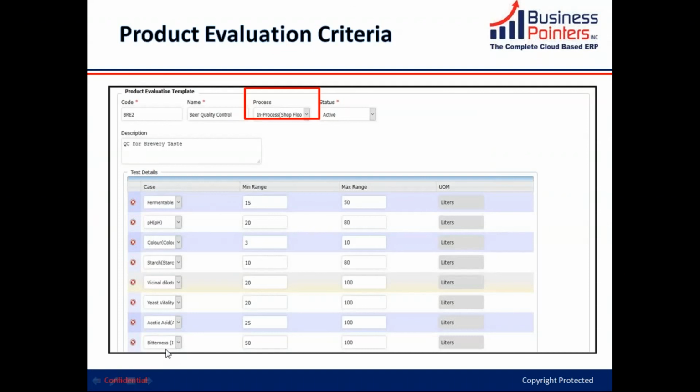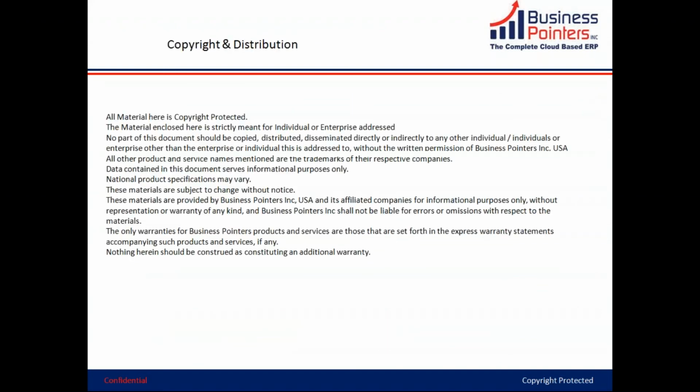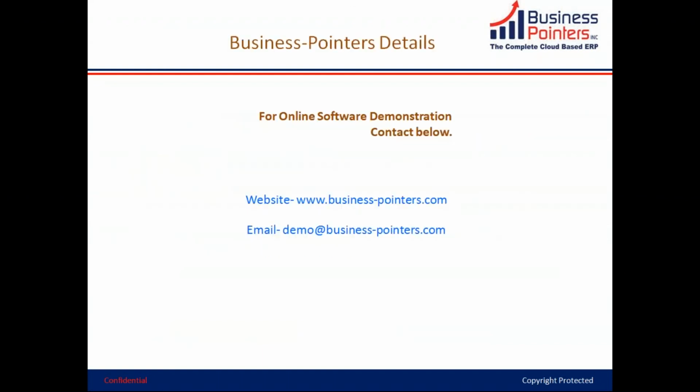So all of this can be put into the system or recorded in the system. You can define the minimum and the maximum range over here for the quality. So this is how you define test criteria, different product test criteria, and then accordingly you can test the production quality of your items.